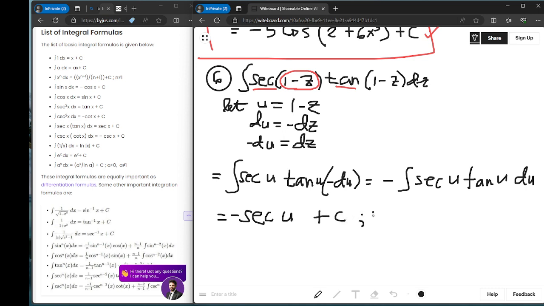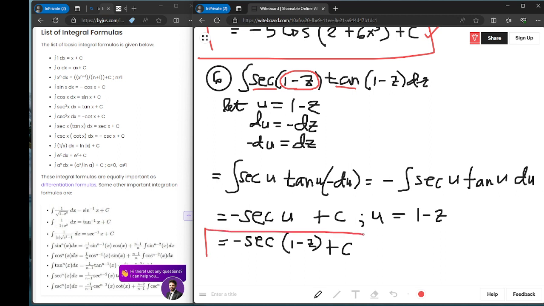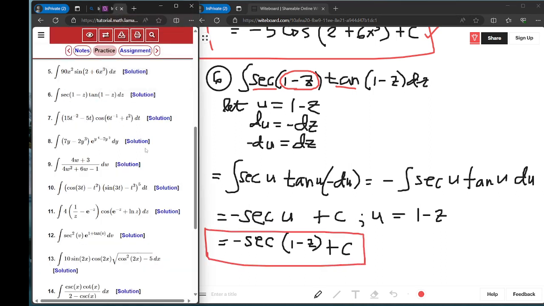But remember that our u is equal to 1 minus z. Substituting back the value of u, this is negative secant of 1 minus z plus c. Now let's check if this is really correct. Let's go back to the problem.